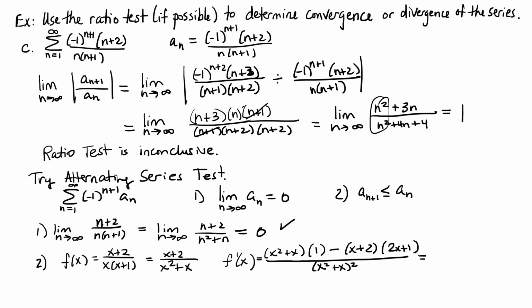And in the numerator, this part is actually 2x squared plus 5x plus 2. Over here we have x squared plus x, but we're subtracting, so we're going to have negative x squared minus 4x minus 2.